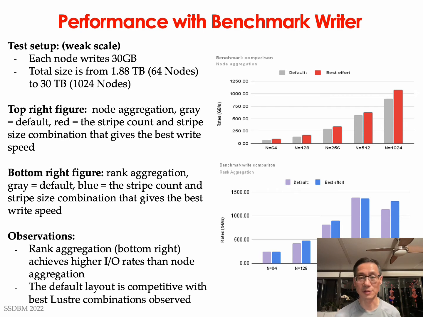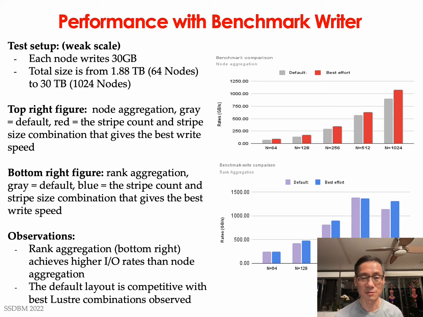So here's the performance summary. The top right figure shows a gray bar and a red bar, where the gray bar is with the default cluster file layout, and the red bars are from the performance achieved with the best combinations of stripe count and stripe size.